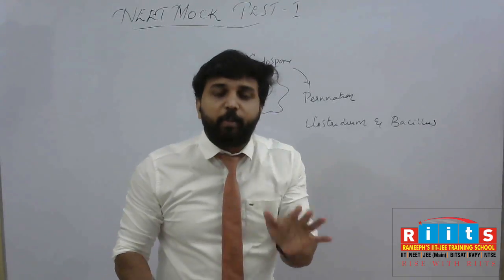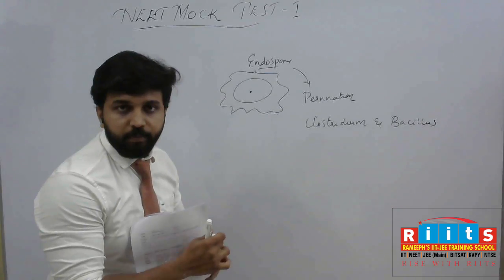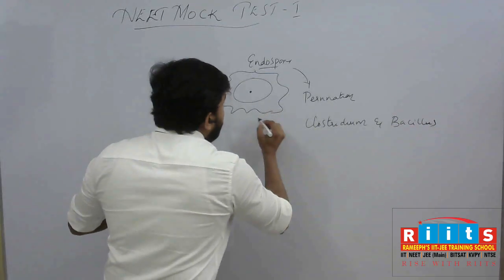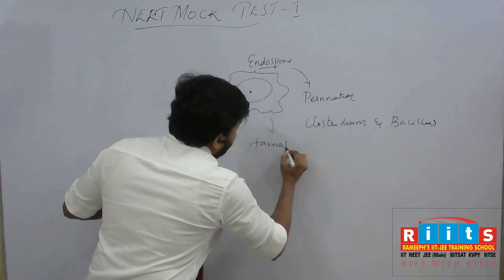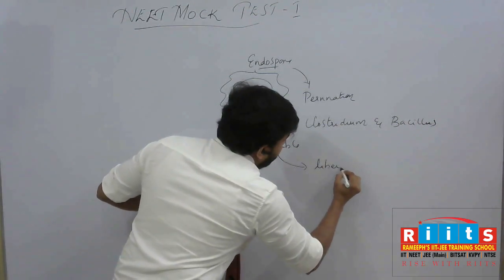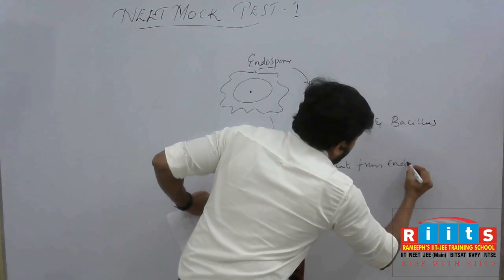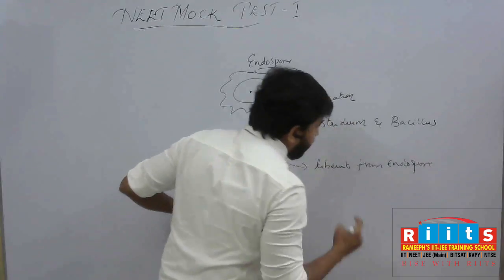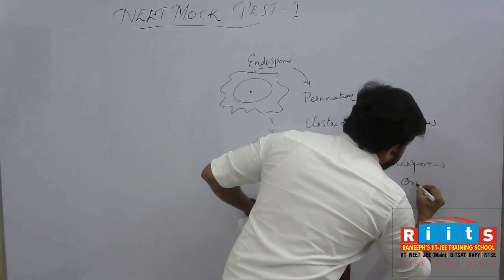Suspend stage is called perennation. When conditions become favorable, they liberate from the endospore and lead to a new organism.